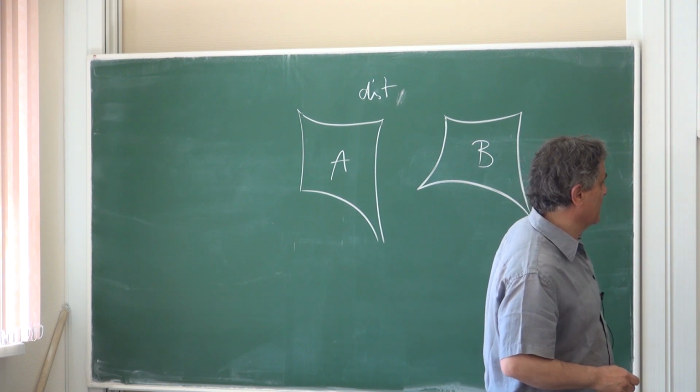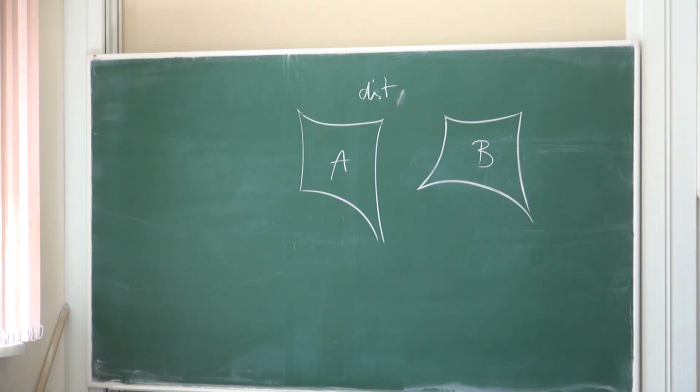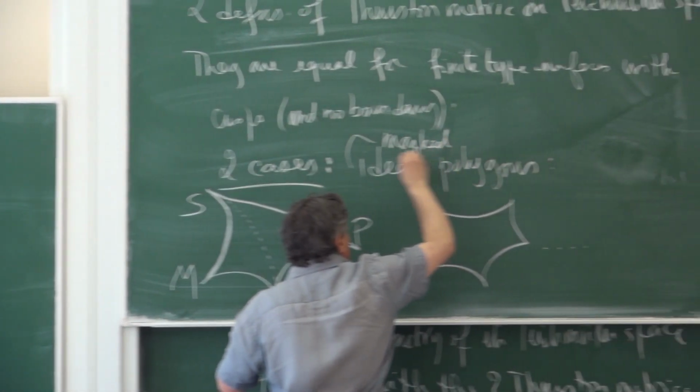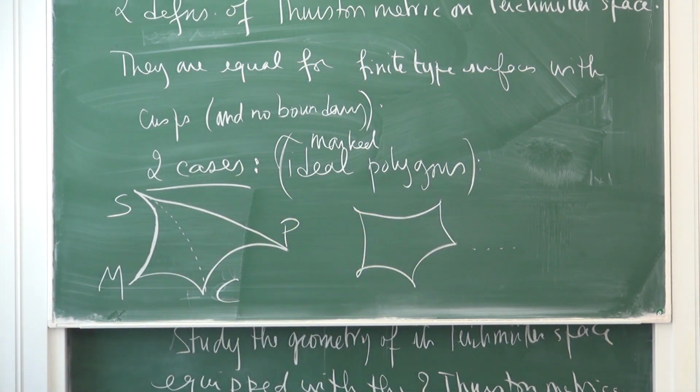So these are marked ideal polygons. If I forget the marking, then I get something which is not the Teichmüller space, but the Riemann moduli space of ideal polygons, which is also interesting, but we are working with this now.